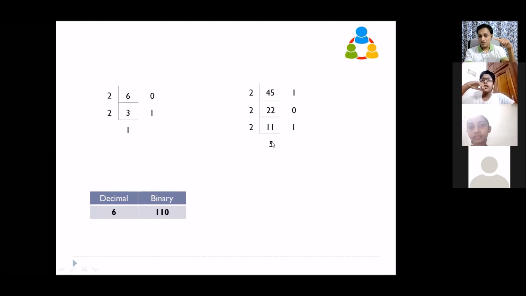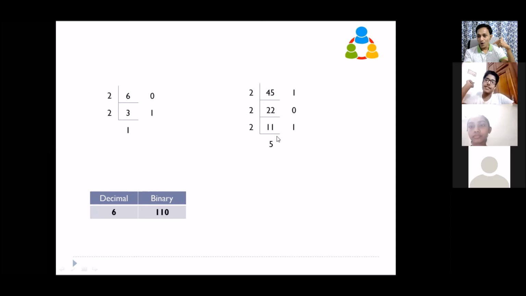So now we understood 45 has 5 eights, 2 into 2 into 2 is 8. So 45 has 5 eights, 5 into 8 is 40. After that, we need 1 four, which becomes 44. We don't need 2. We have decided that first itself. But we need this 1.